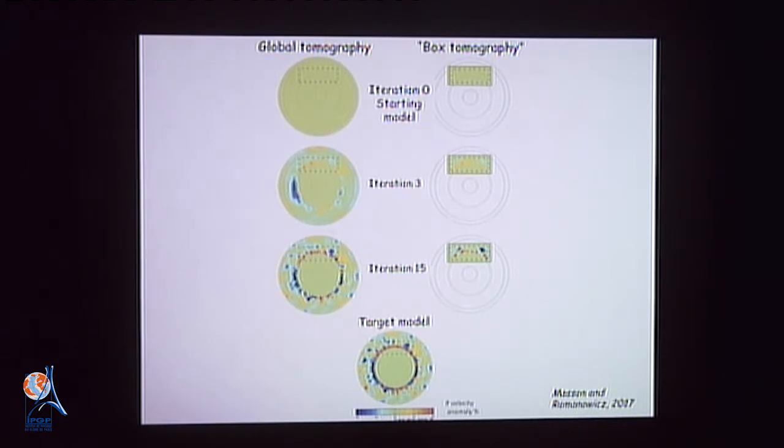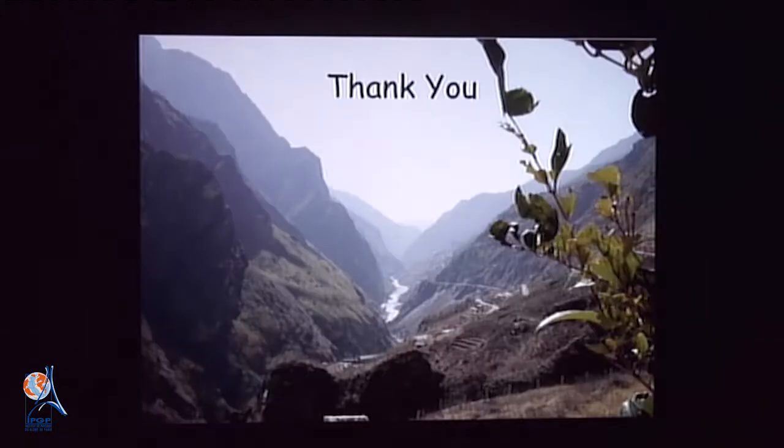Basically illustrating that even if you don't have too much information about the detailed structure outside of the box, you can recover some of the signal inside. So this is it. This is the future, in which we and other groups are working on. And I thank you for your attention.